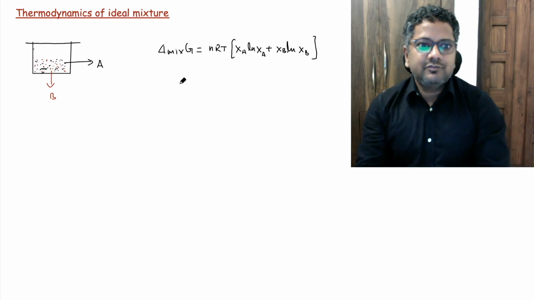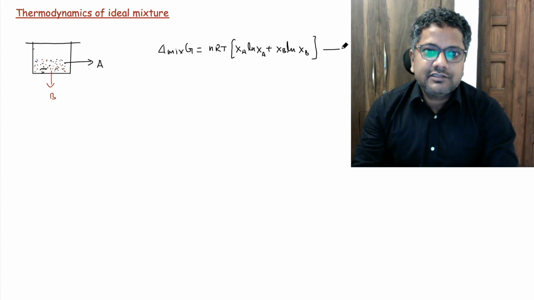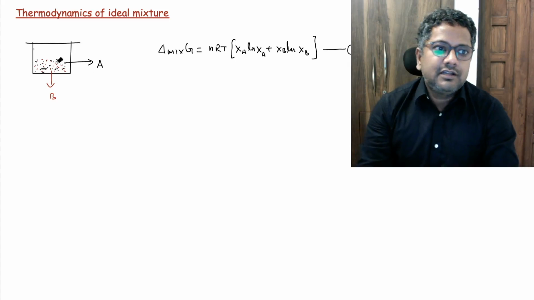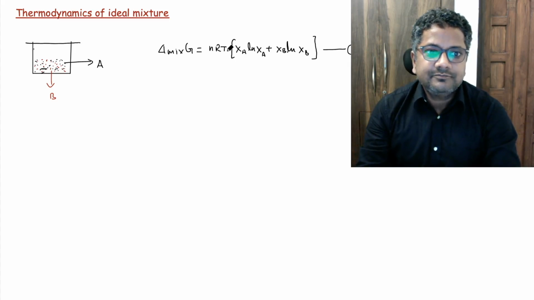So this should be the delta G mixing. By using this equation, you can calculate the delta G mixing for this mixture.